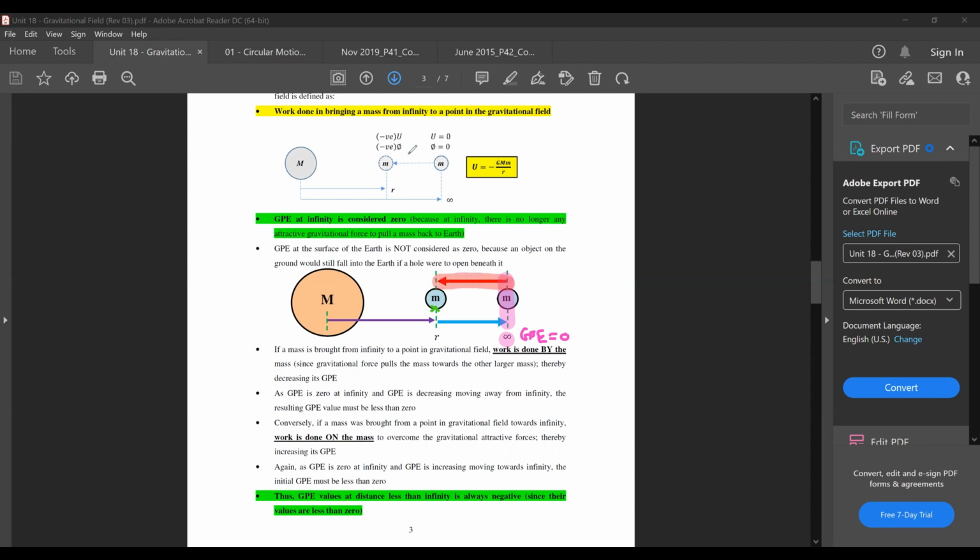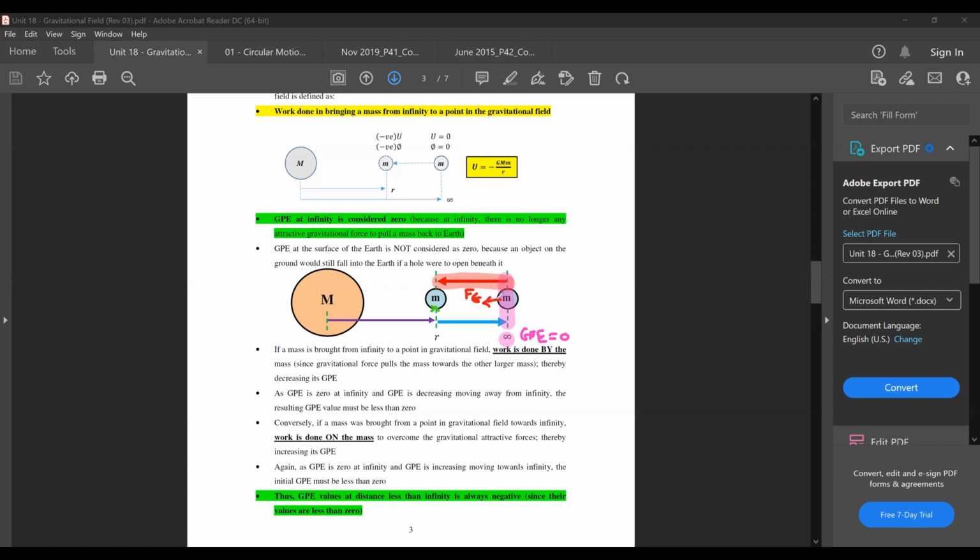you can think of it as this. In the first place, let's just say the mass at infinity here goes slightly out of position from infinity, you will start to have a gravitational force, isn't it? So if you just nudge the mass a little away from infinity, you're going to have a gravitational force acting on the mass.